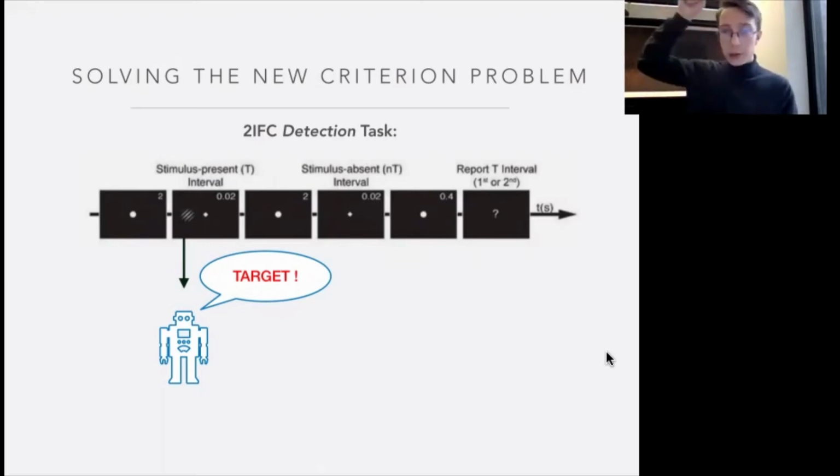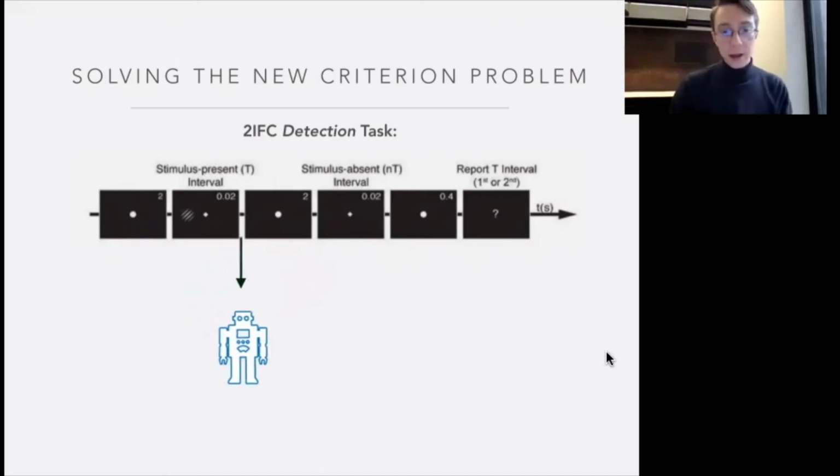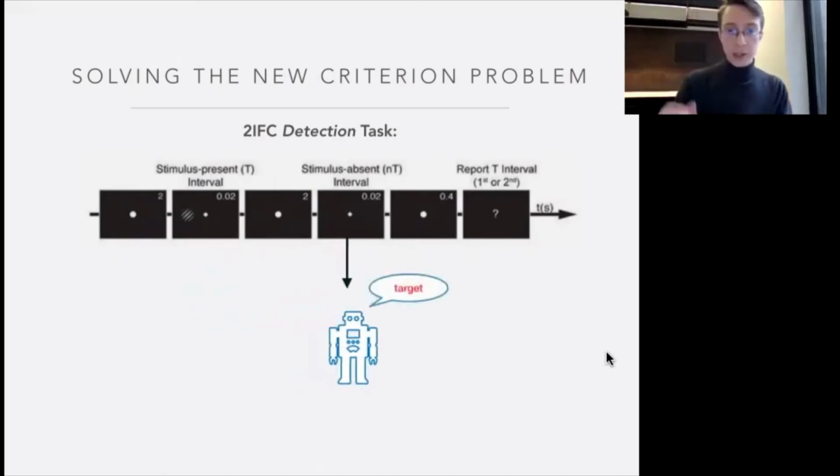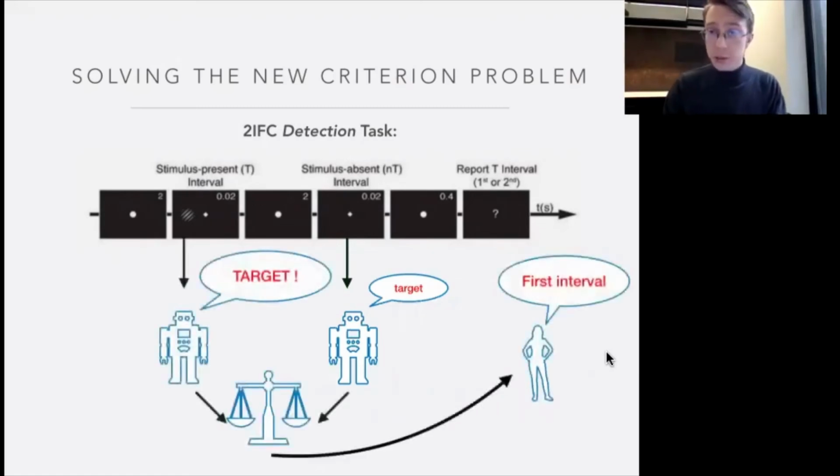And so it will say target in the target present interval, but in the other interval it will not say that as much. My little robot will not be as excited. And what I can do to solve this task is just compare the activity of my little robot in one case to what happened in the other case and say that the target was present when my little robot was more activated. And that's how I solve the task.